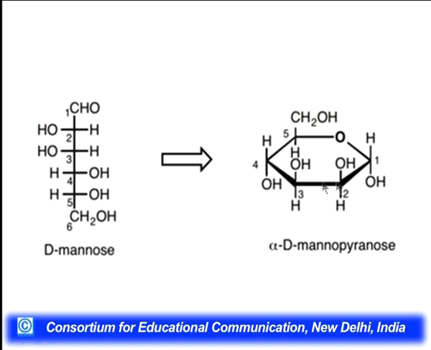Again, second and third it is up, fourth it is down, and the fifth has formed the oxygen which is acting here as a nucleophile and making the bond with the first carbon, and this OH at the anomeric carbon is down. So this is the alpha configuration for D mannose, and we name it alpha D mannopyranose.